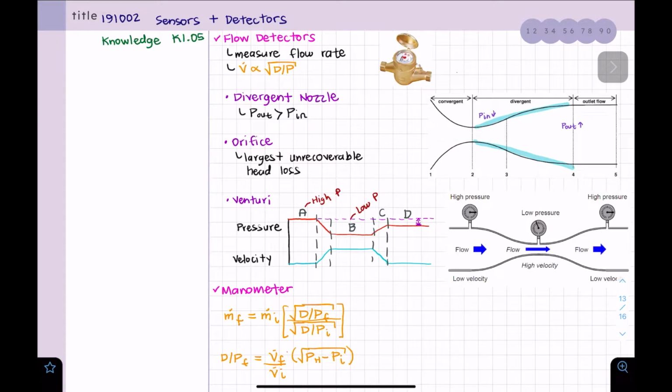And a divergent nozzle is gonna be expanding from a smaller diameter to a larger diameter. A nozzle with a convergent section followed by a divergent section is often called convergent divergent nozzle, or we can also call it a Venturi.